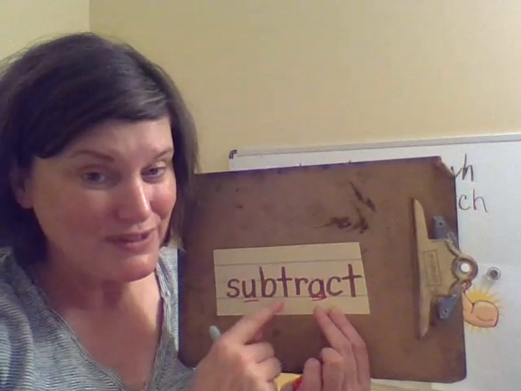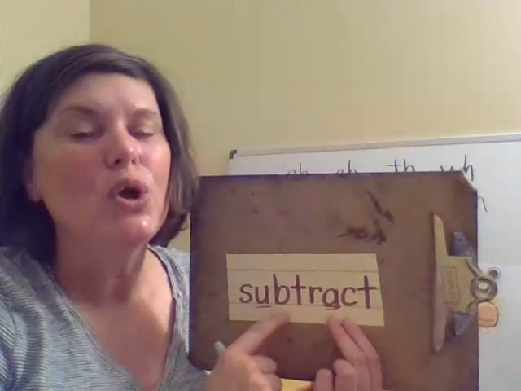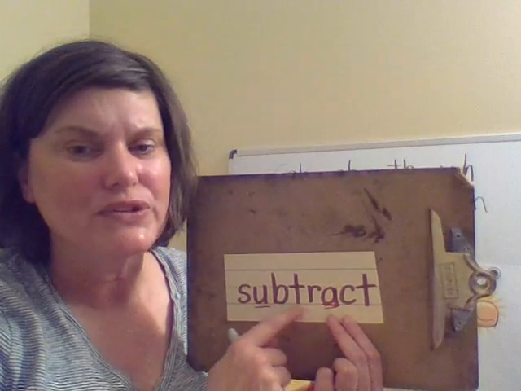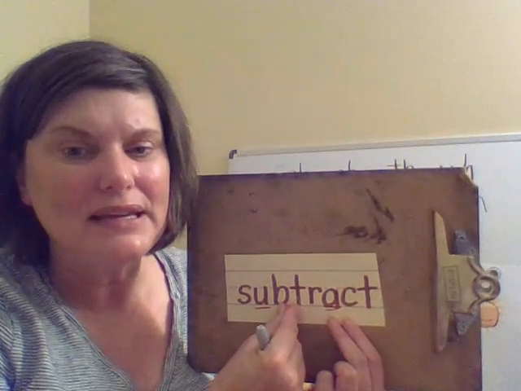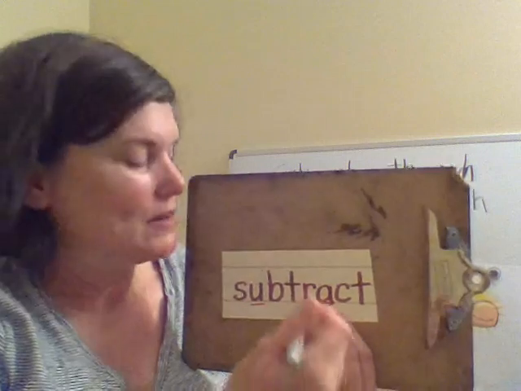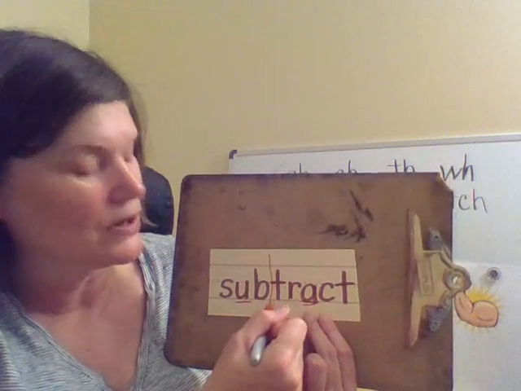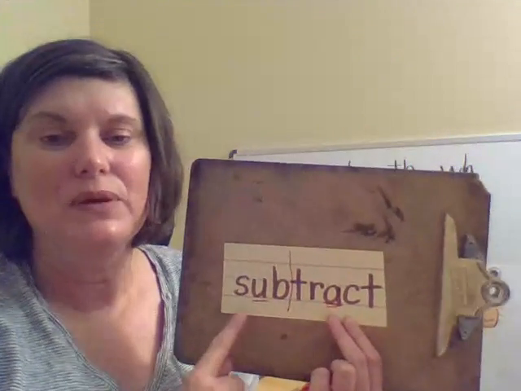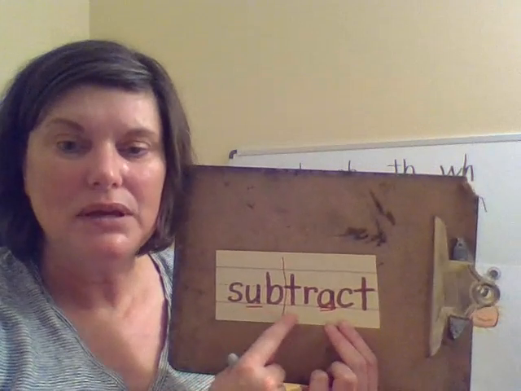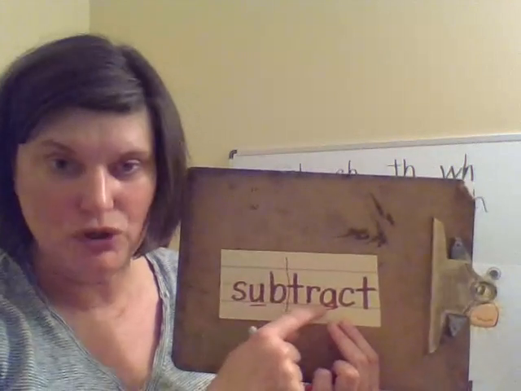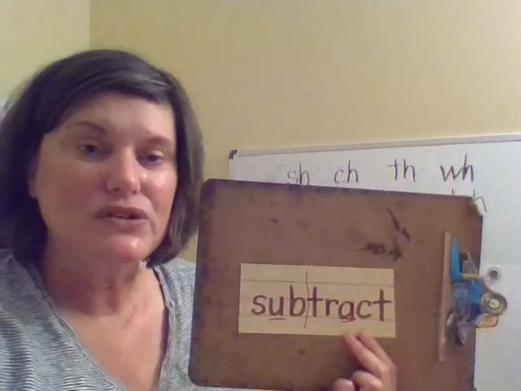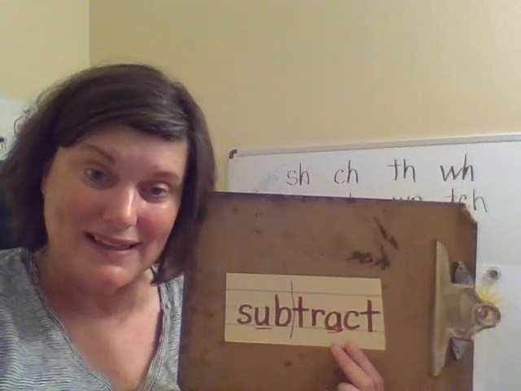Since this one doesn't have just two consonants, we had to decide where it made more sense to keep the B and T together or the T and R. And we do see T and R together most of the time, okay? So subtract, subtract.